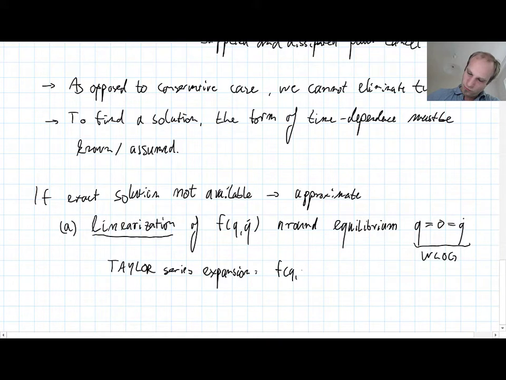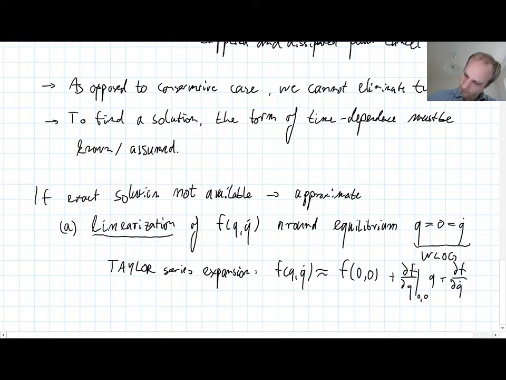So f of q, q dot is now f evaluated at the expansion point, so f(0, 0), plus df/dq at (0, 0) times q, plus df/dq dot at (0, 0) times q dot, plus some higher order terms.